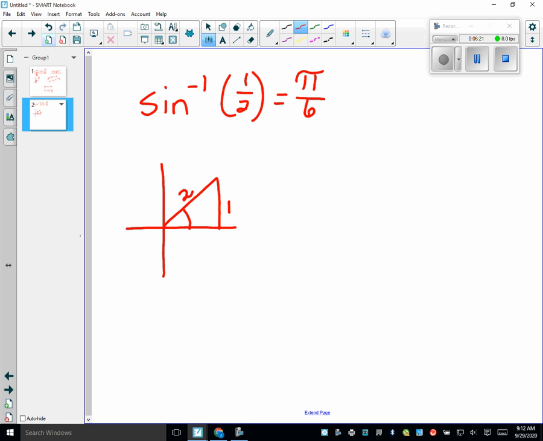Let's do another one. Ooh, I don't like that one. What quadrant is that in? 1? Okay. So it's here.